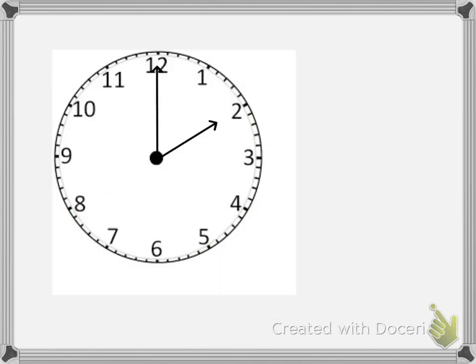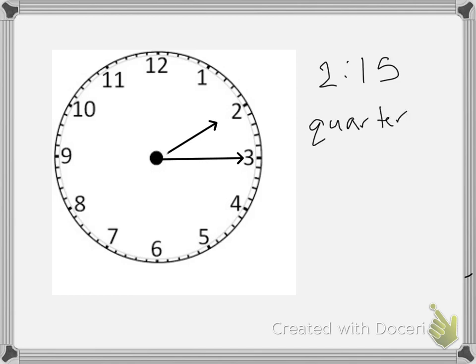All right, now I have 2 o'clock on the board. If I move my minute hand to this location, then this would be the time 2:15, or we would say a quarter past 2.